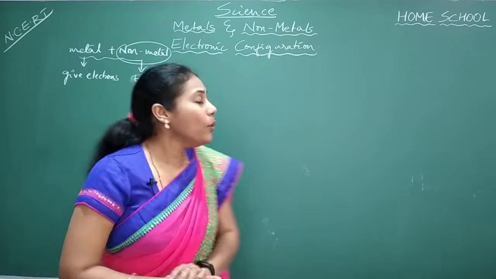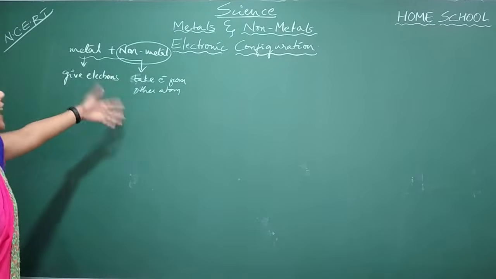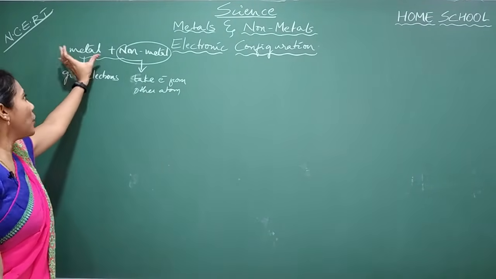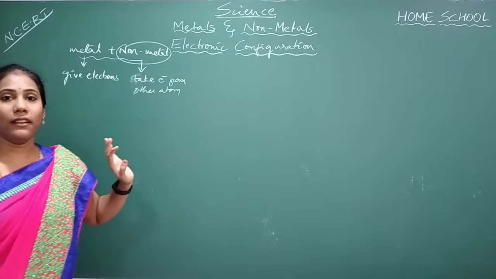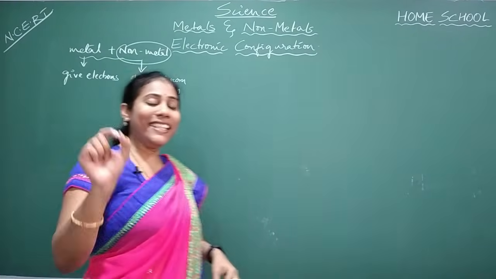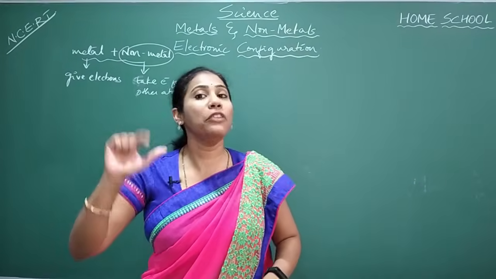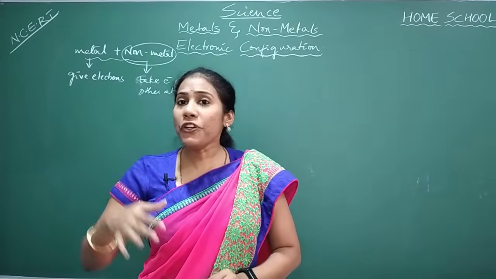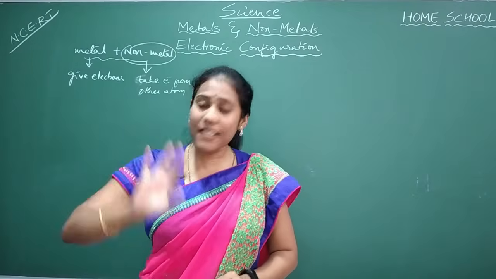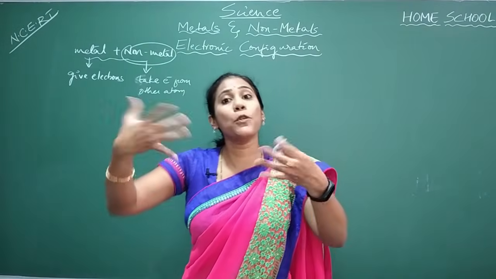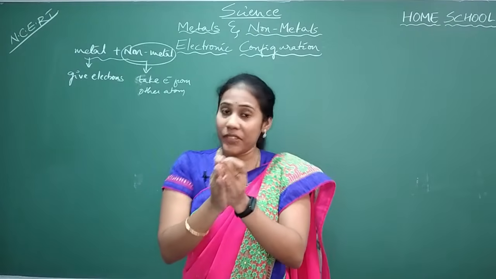Okay, and now as I told you, you have a business of electrons between a metal and non-metal. Okay, so definitely there is a need to understand more about electrons. Okay, so the address of an electron, there will be so many electrons around the atom. Yes or no?